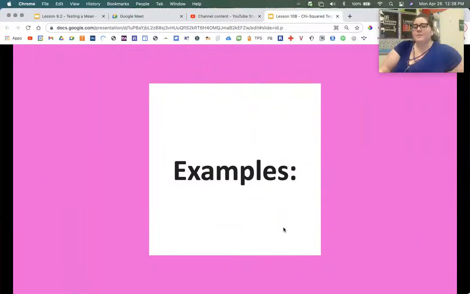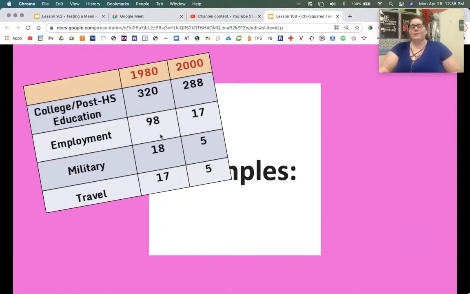So let me give you some actual examples. In this one, we have a table. It gives us different things that people did after they graduated high school. And then we have years, 1980 and 2000. So this would be a sample of high school graduates taken in 1980, who were asked about their post-high school plans.